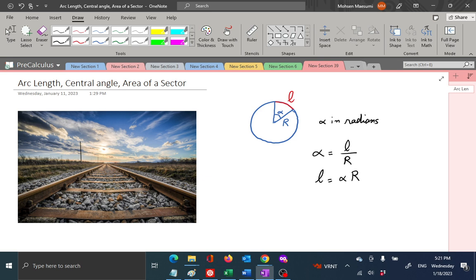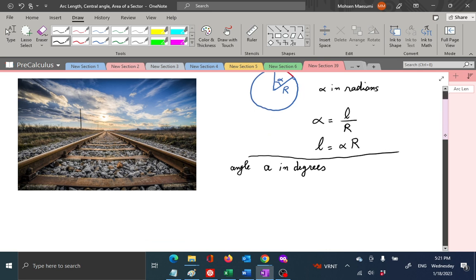Well, what if alpha was given in degrees? Let's call it angle A, in degrees, so that we don't get it confused with alpha. Well, all that you have to do is convert it to radians.